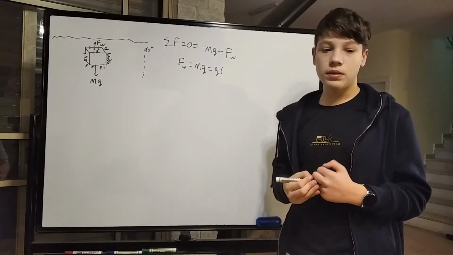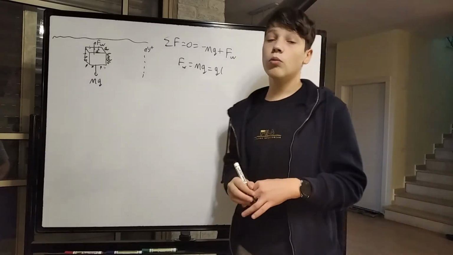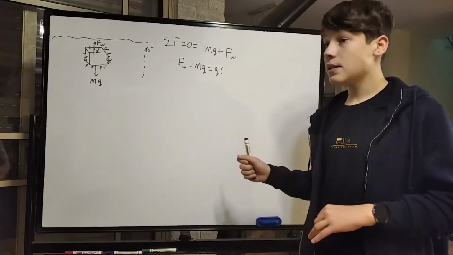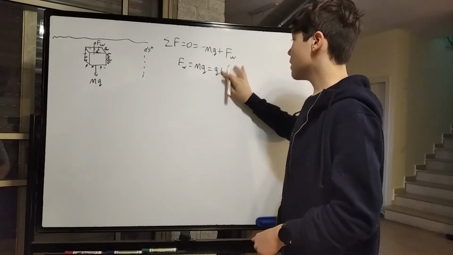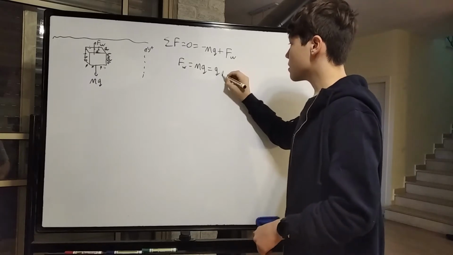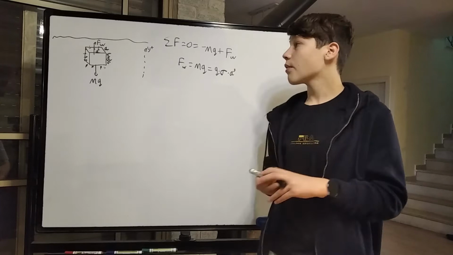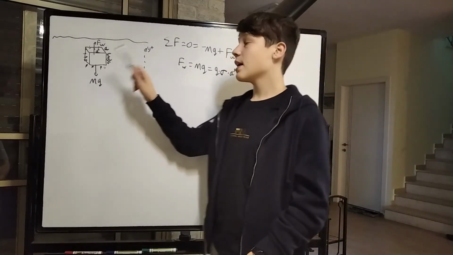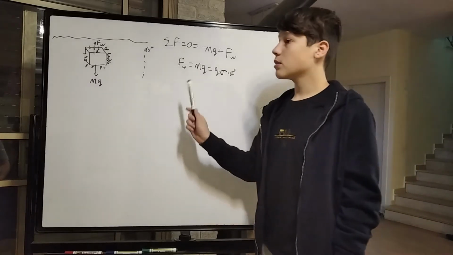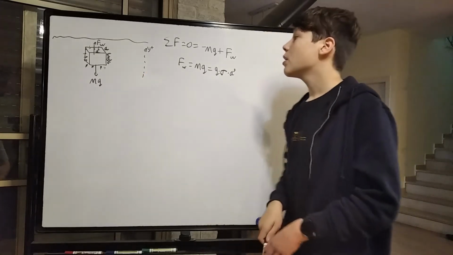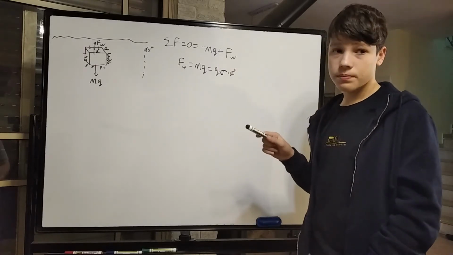Let's call the density of water sigma, and then the density times the volume will be the mass, meaning that this is g times sigma times a cubed. So if we have a cube of water with size A, then the force the water is applying on the cube is g times sigma times A cubed.